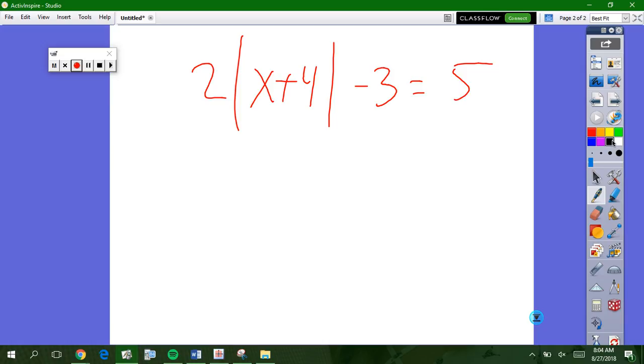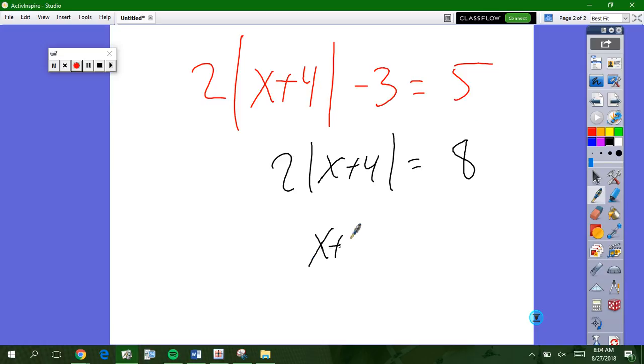Add the 3 over. Now, this is exactly the same spot as the previous example.